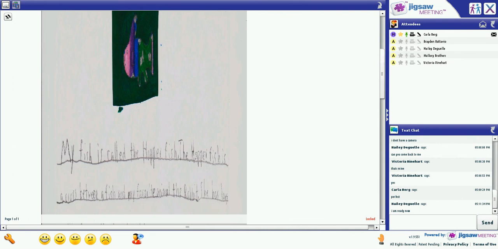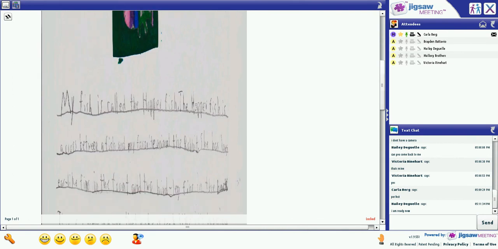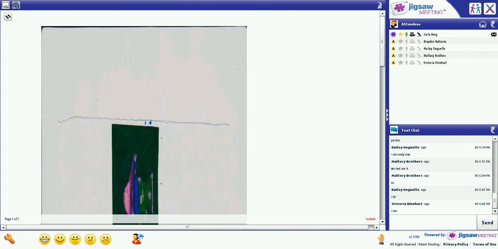I can't remember whose this is. My fish is called the hopperfish. The hopperfish is a cross between a fish and my... You can't see it on the whiteboard? Yeah, I think, Mallory, go ahead and click the little refresh button on yours. I think you may have a slow internet connection.